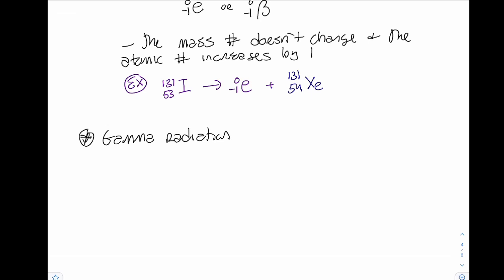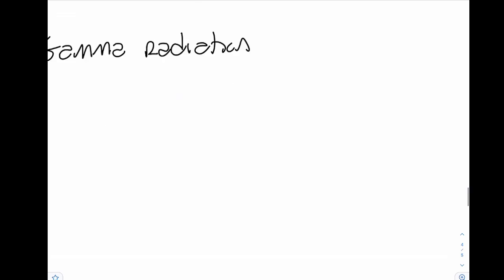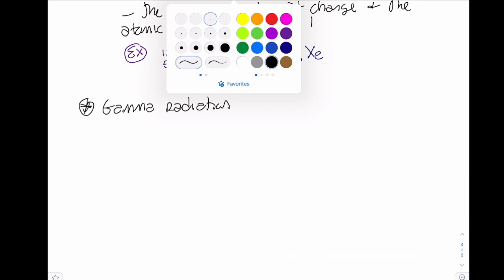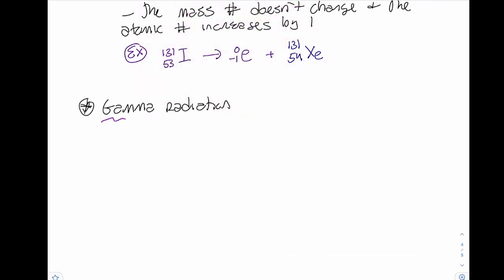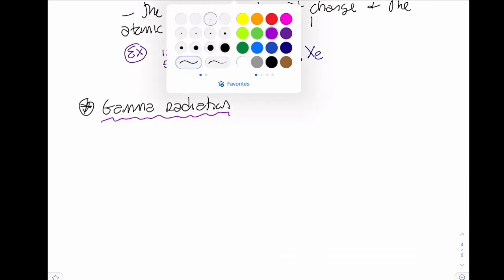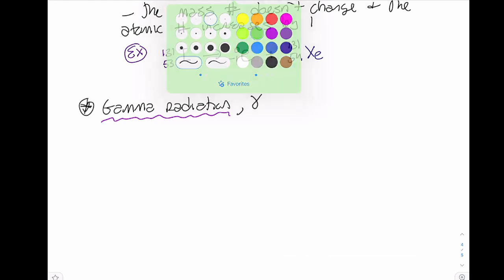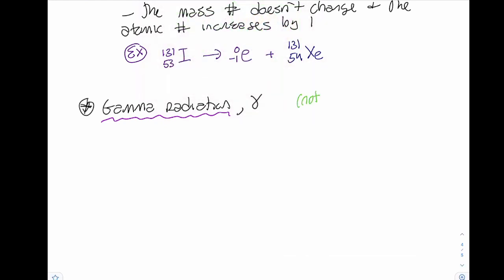Gamma radiation doesn't have mass, and we're going to define particles as things that have mass. Sorry about that. So our symbol is the Greek letter for gamma. And let's actually write that down in parentheses so we remember not to call it a particle.